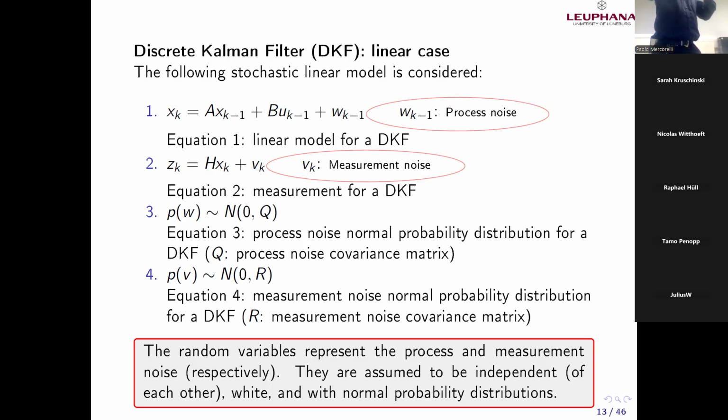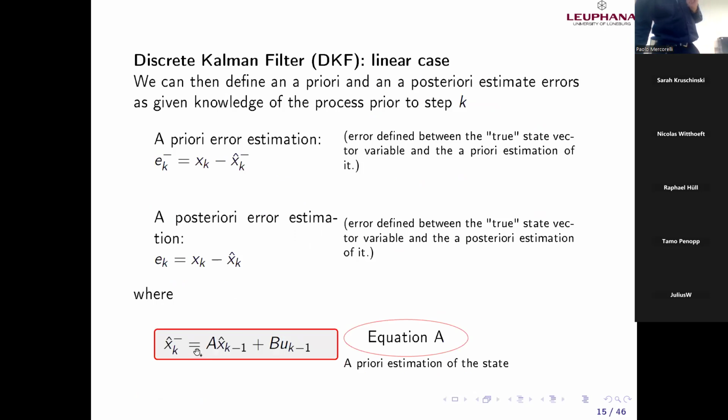I don't know, it's a little bit philosophical, but we can understand. Here, I have a hat, because it's an approximation, an observation, an estimation. But look, here we have something more than the hat. We have a minus. This is interesting.